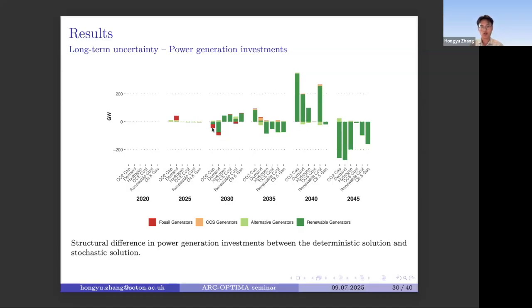And you also have less investment in fossil compared with the deterministic. I think there are quite some interesting insights we can get from this, but I need to be a bit faster now.